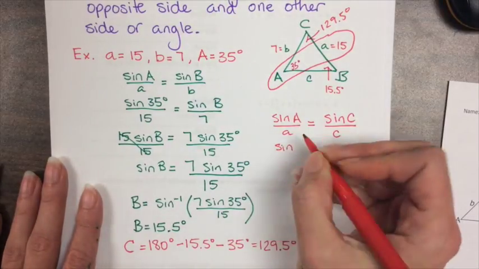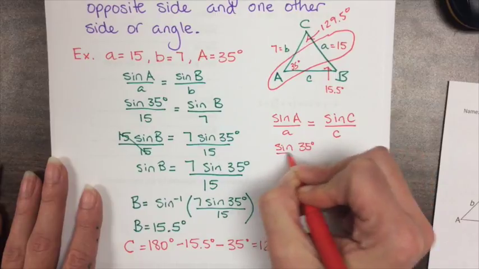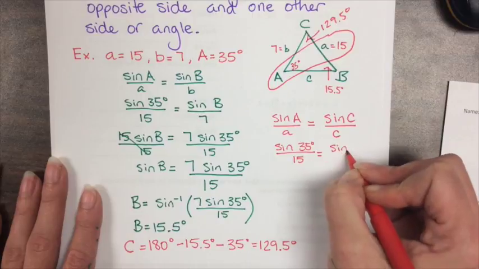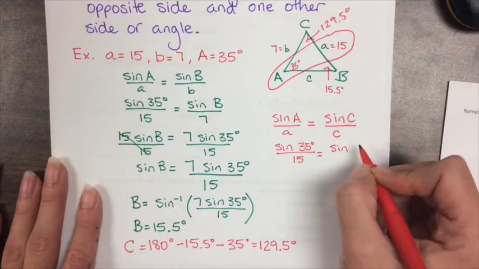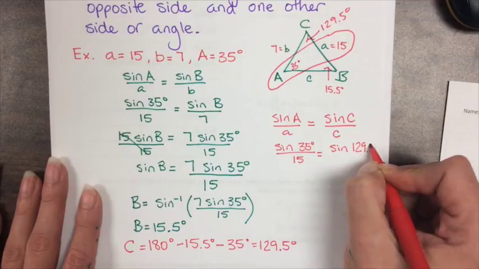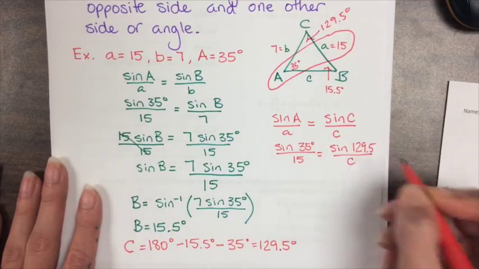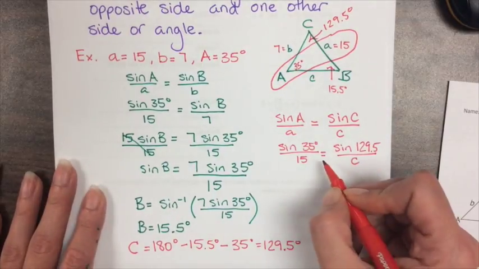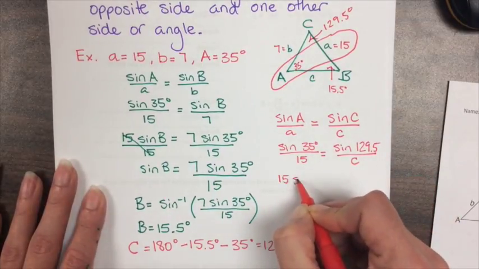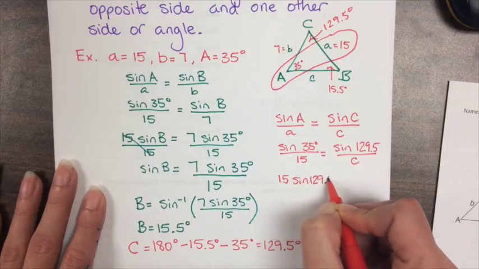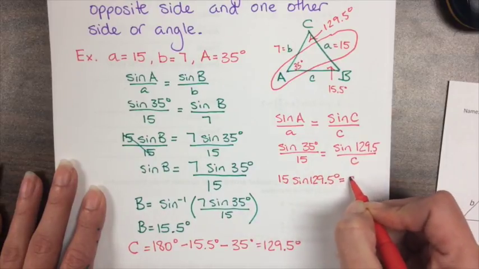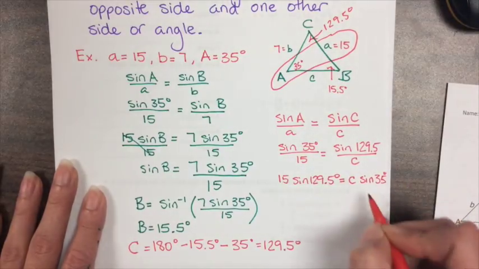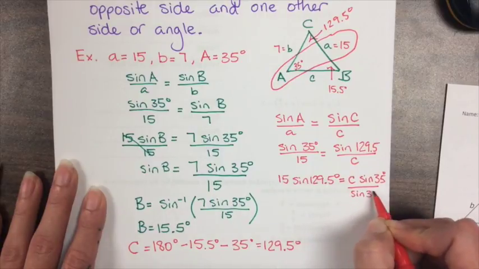Sine of 35 degrees over 15 equals sine of 129.5 over c. So let's cross multiply and divide here, just like we did before. And so we end up with 15 sine of 129.5 degrees equals c times the sine of 35 degrees. Divide both sides by sine of 35 degrees.